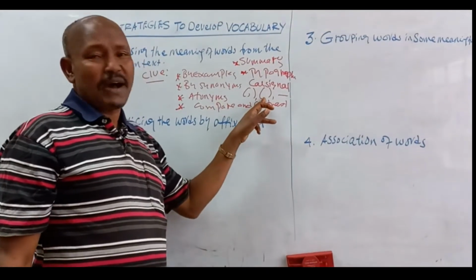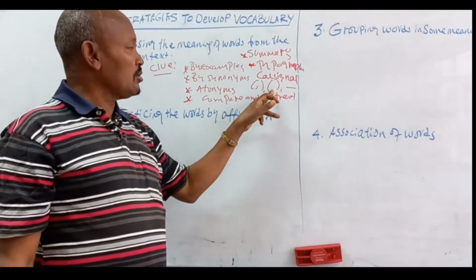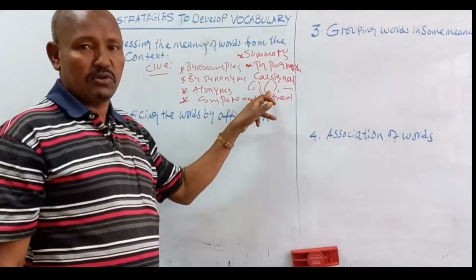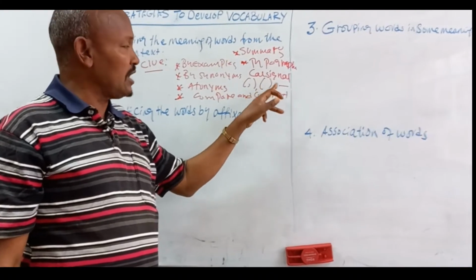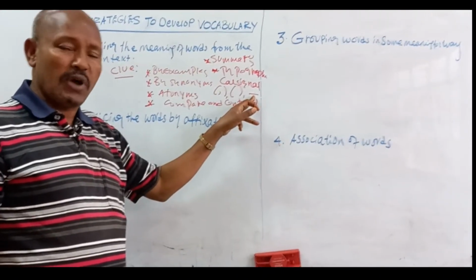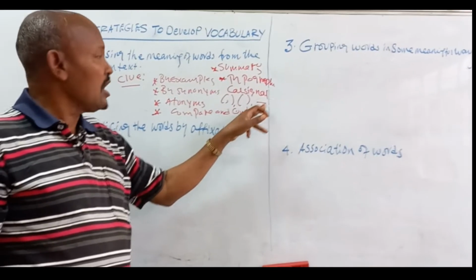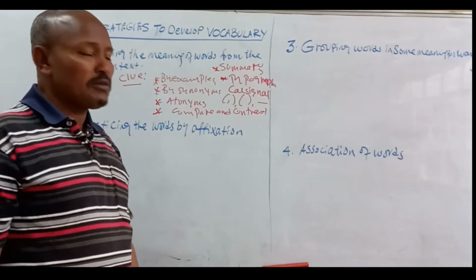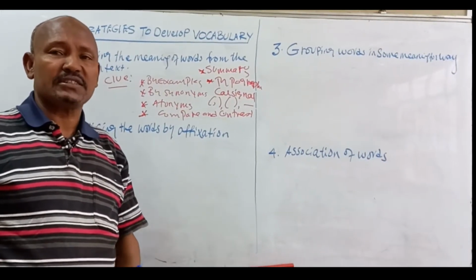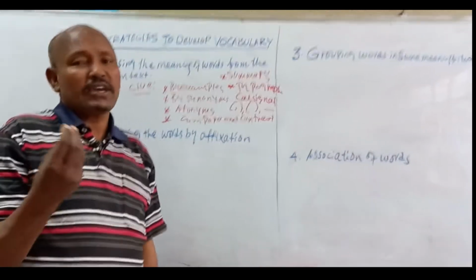The other is parenthesis, where the word is enclosed in parentheses, and this function gives a clue. The other is the dash. Dash is also one strategy which helps us get a clue to guess the underlined words. On the whole, these are very important points that we consider to get a clue to define the vocabulary words.